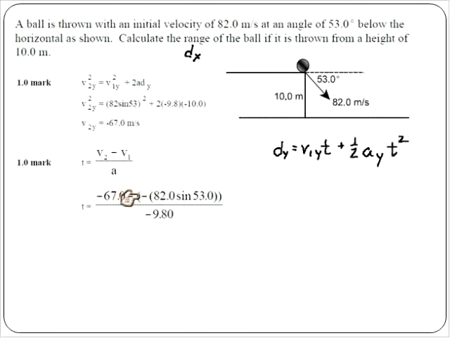And you know it's negative because this ball was thrown downwards initially. That's why we have to make that velocity negative. Okay, you work that out and you will get a time of 0.153 seconds. Okay, that's the time. Once you know the time, then you do this. dx equals vx times t.